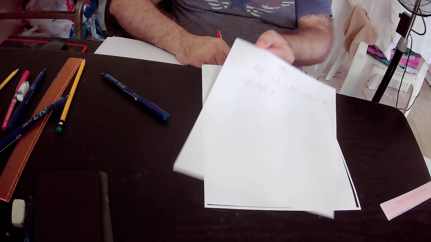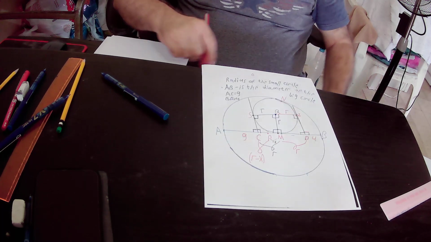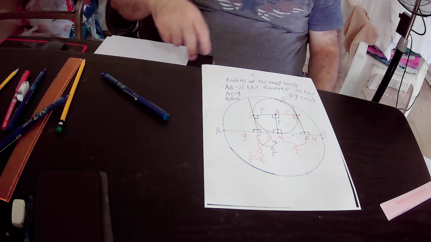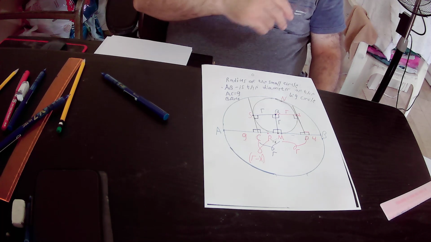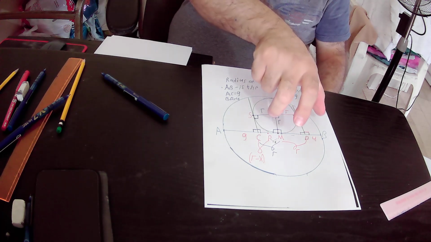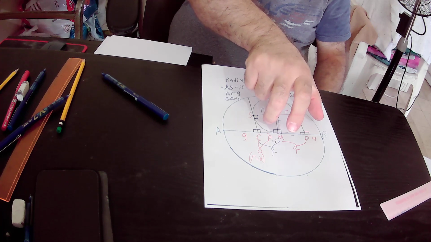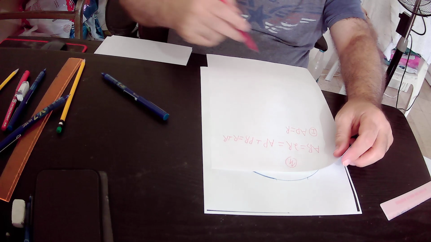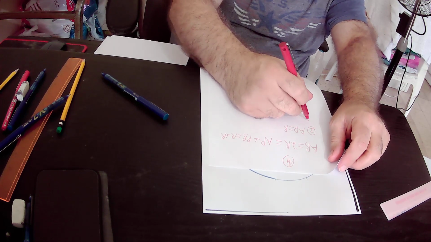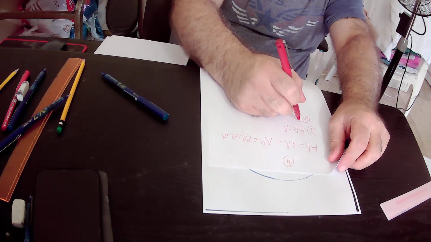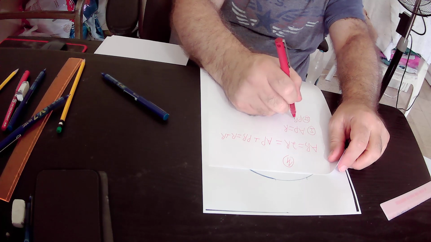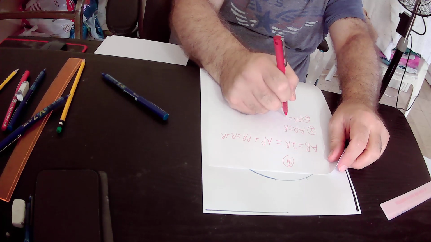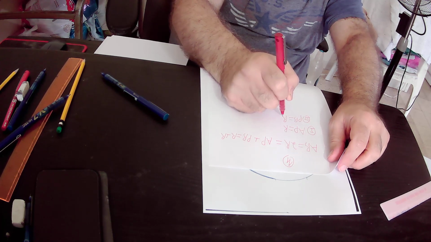And our second equation will be that PB also equals capital R. It is the radius of the big circle.